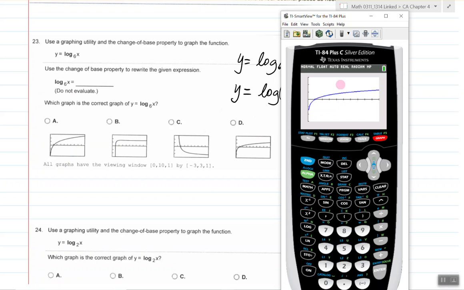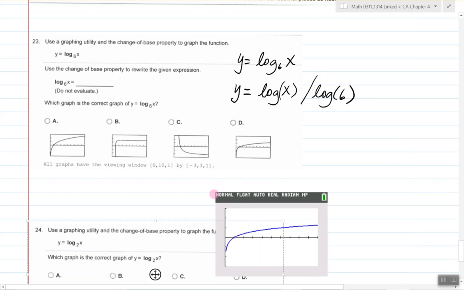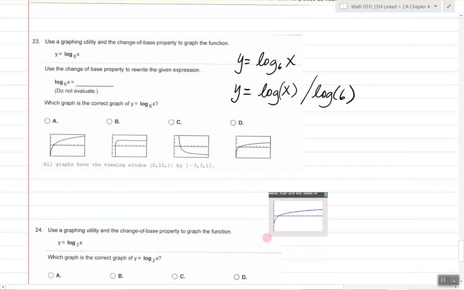Because I scaled this exactly like they scaled it, I don't have any trouble deciding which one it is. Let me pull it down here. I'm going to shrink it just a little bit.